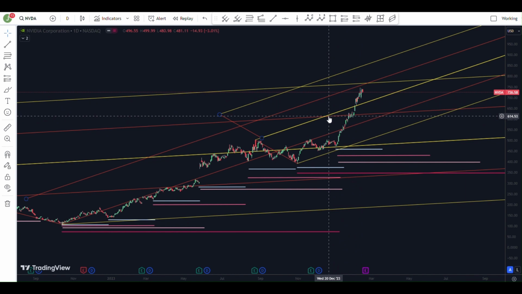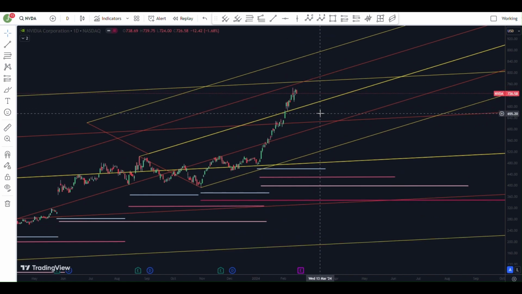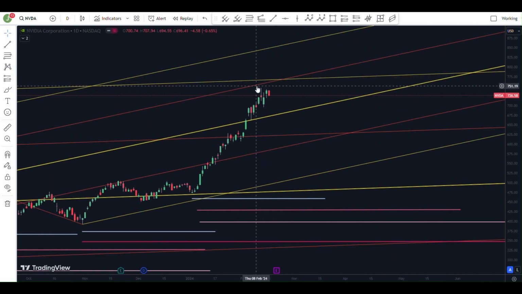And now we've just doubled this range again. This median line set, I cloned it, overlaid the lower warning line with the upper warning line, and that gives us this median line set here, which is moving up towards that upper warning line, and we have earnings coming up on Wednesday.